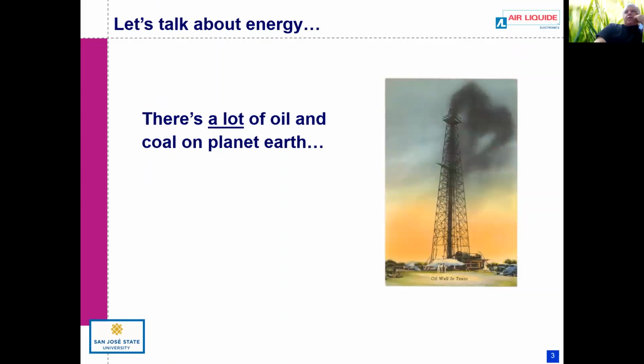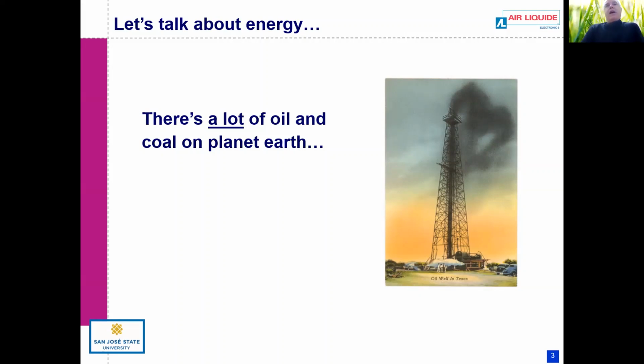For any photovoltaics, the motivation for using them is so that we don't have to burn so much oil, right? But there's a lot of oil on the planet, so I don't think it's going to run out real soon. But nobody really knows.